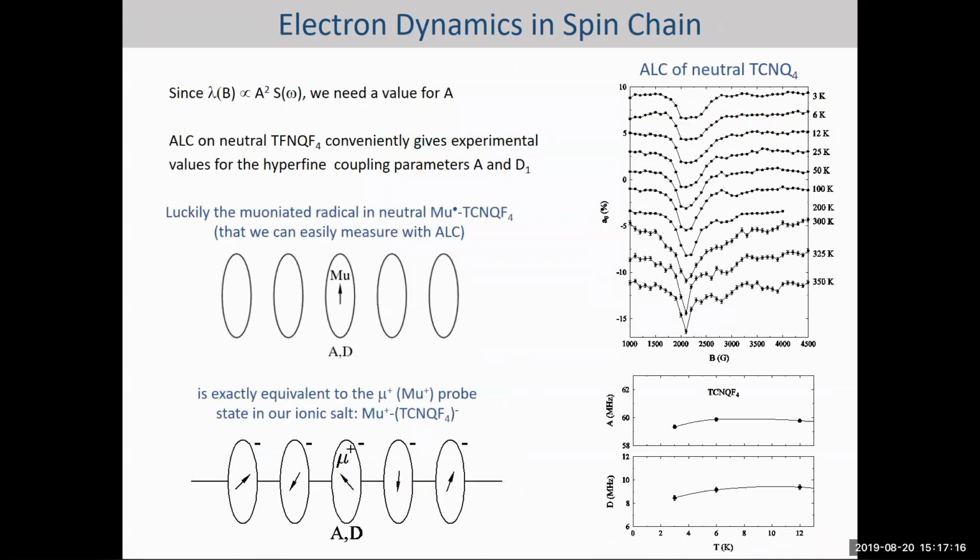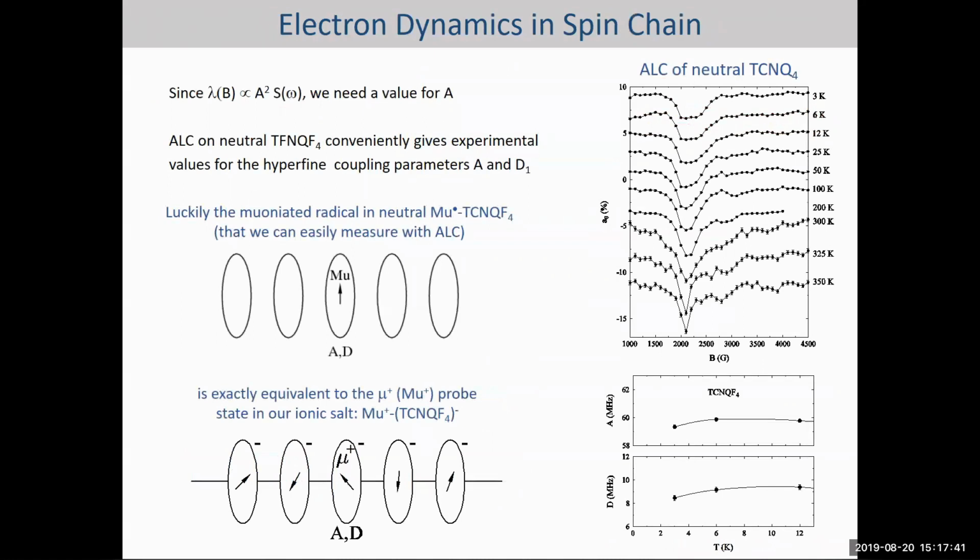But to actually do quantitative analysis of the data, it was rather important to try and get the value for the hyperfine coupling A. And luckily, one can take neutral TCNQF4 and do ALC on it, as you see on the right here. And that very conveniently gives us experimental values for these hyperfine coupling parameters, both A and D1.